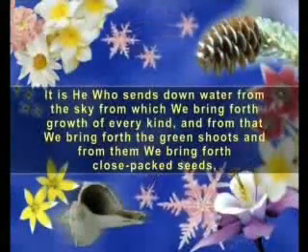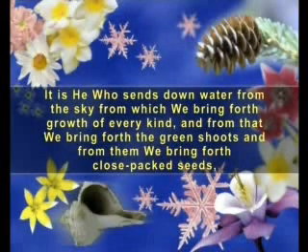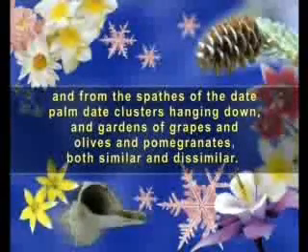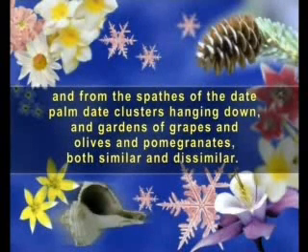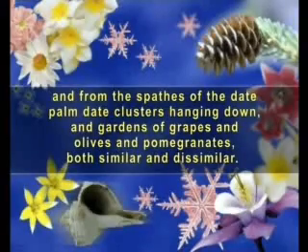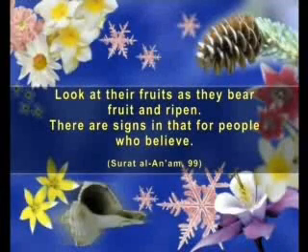It is He who sends down water from the sky, from which we bring forth growth of every kind, and from that we bring forth the green shoots, and from them we bring forth close-packed seeds, and from the spathes of the date palm, date clusters hanging down, and gardens of grapes and olives and pomegranates, both similar and dissimilar. Look at their fruits as they bear fruit and ripen. There are signs in that for people who believe.